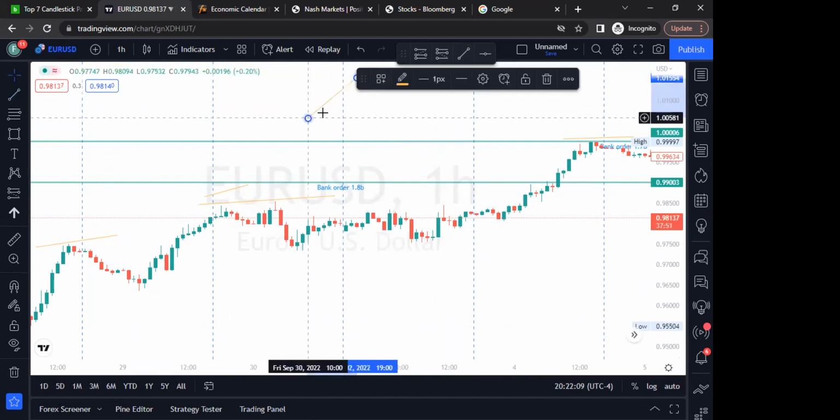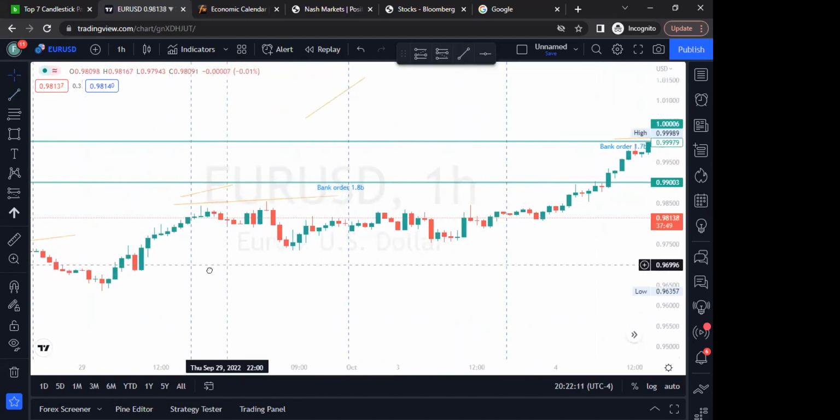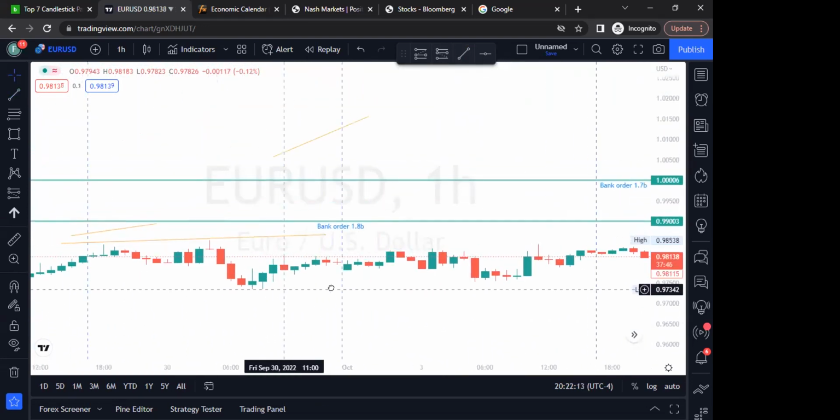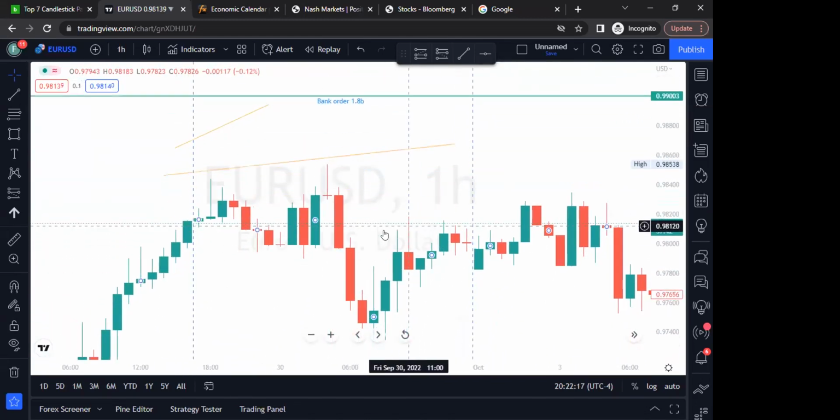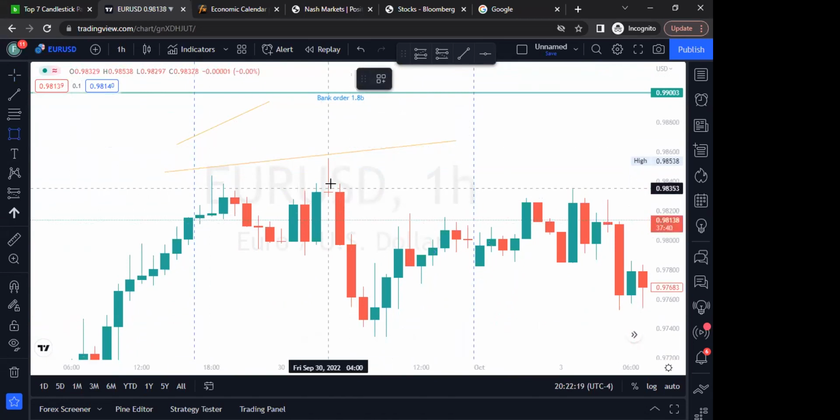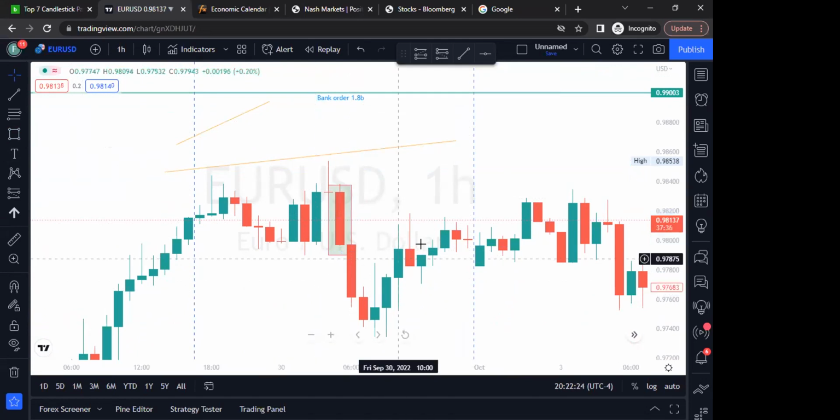So, for example, let's look at this one. This particular candle right here. This wick pretty much identifies the highest that this candle actually went.